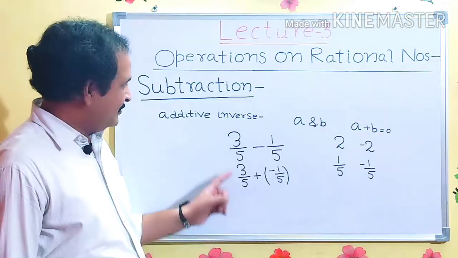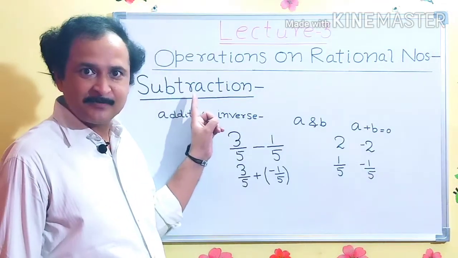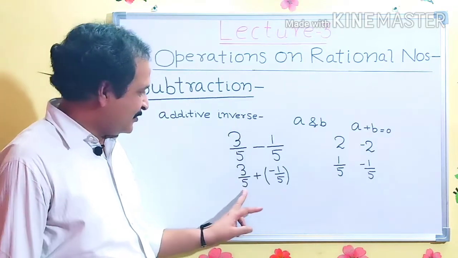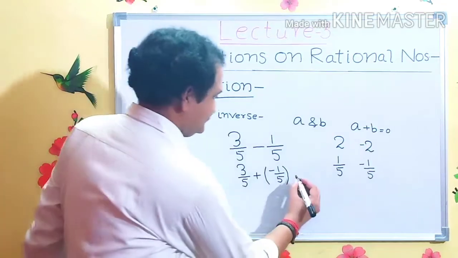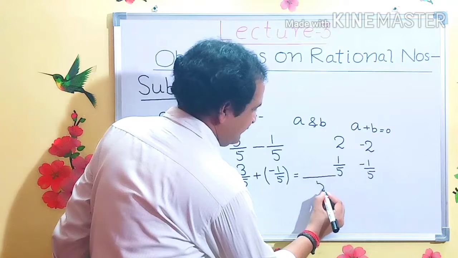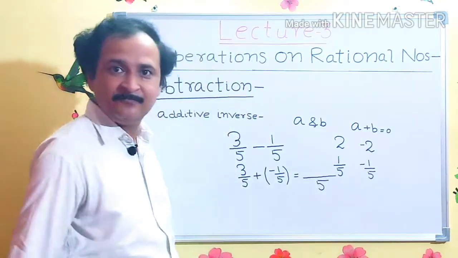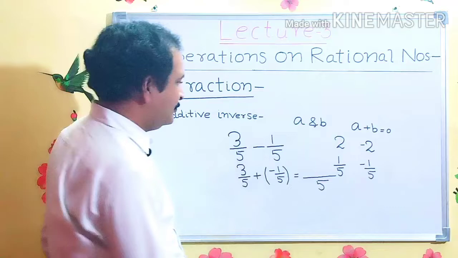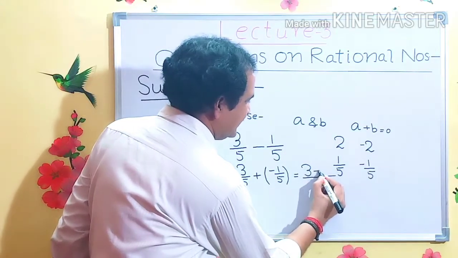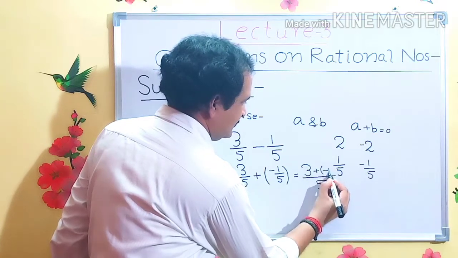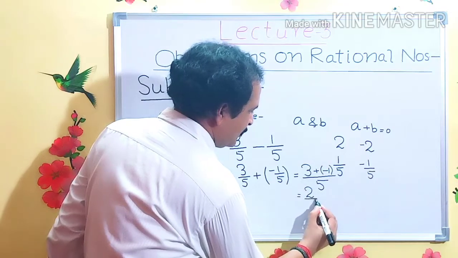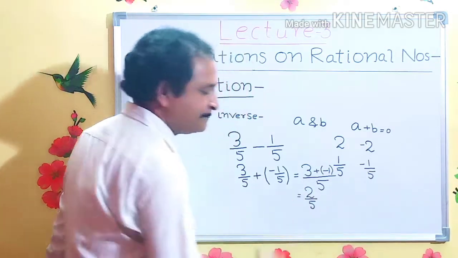Now this subtraction concept is converted into addition of the rational number. Denominators are same, so the new rational number has same denominator 5, and the numerators of both the rational numbers can add directly. So it is equal to 2 upon 5.